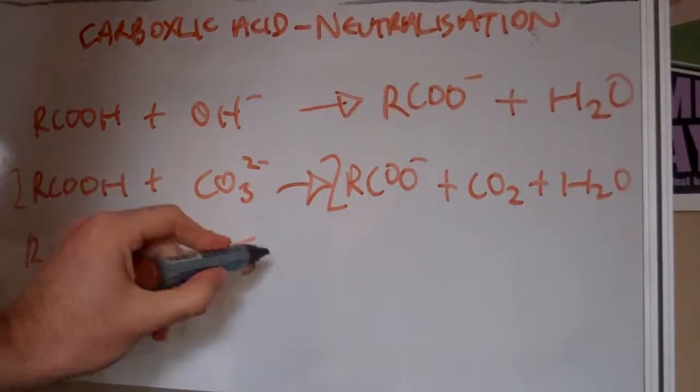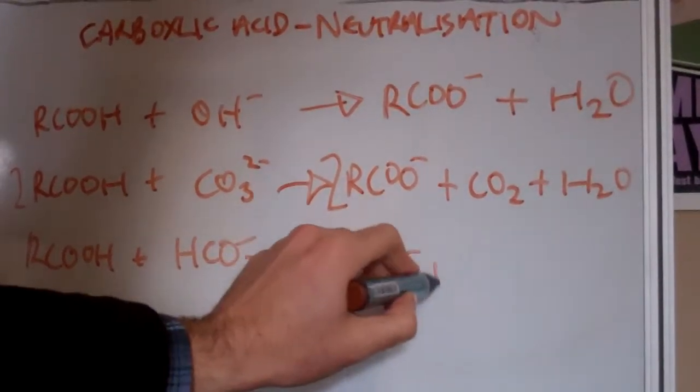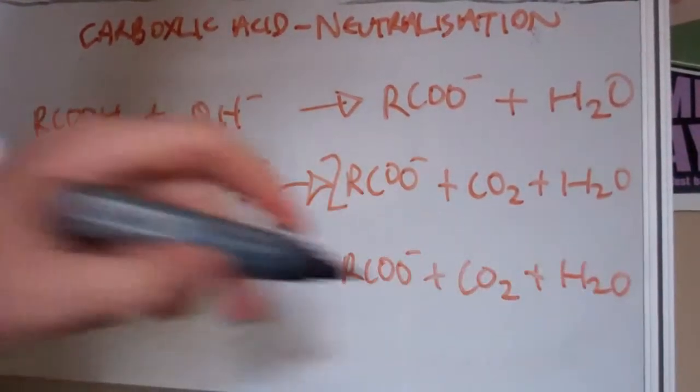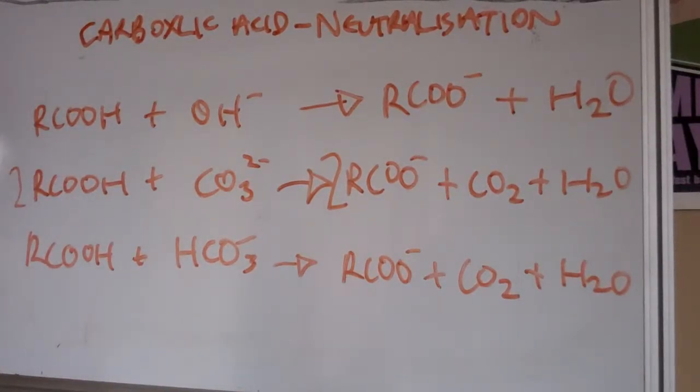And finally, if you react with hydrogen carbonate, we look at the same products. So reactions neutralizing carboxylic acids: acid plus base gives carboxylate ion and water, or carboxylate ion, carbon dioxide and water. Pretty straightforward, I think.